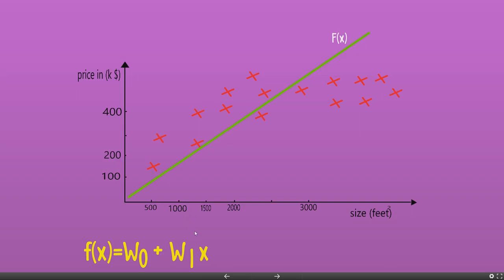That means your friend gave you the x. Then he wants you to give him the y. To calculate this equation, you already have the x. You just need the w1 and the w0. So our learning algorithm is going to estimate the w1 and the w0. And when we estimate the w1 and the w0, we can draw this line and predict.